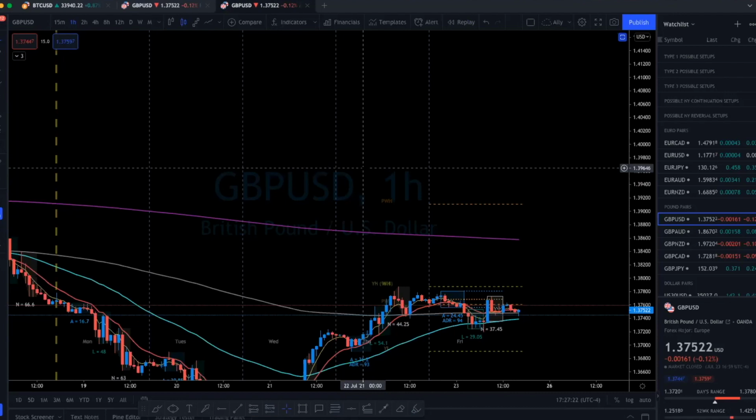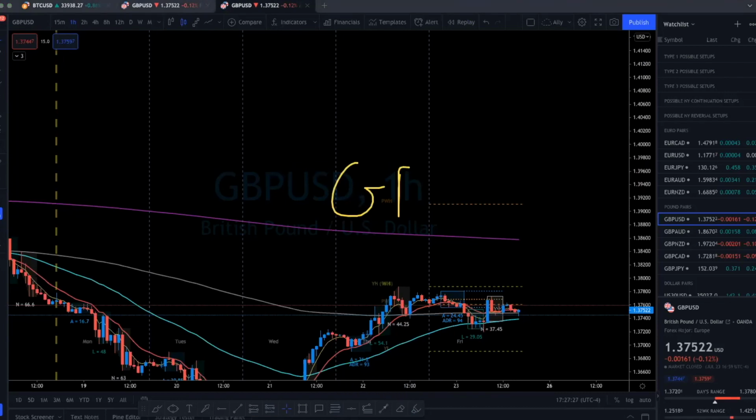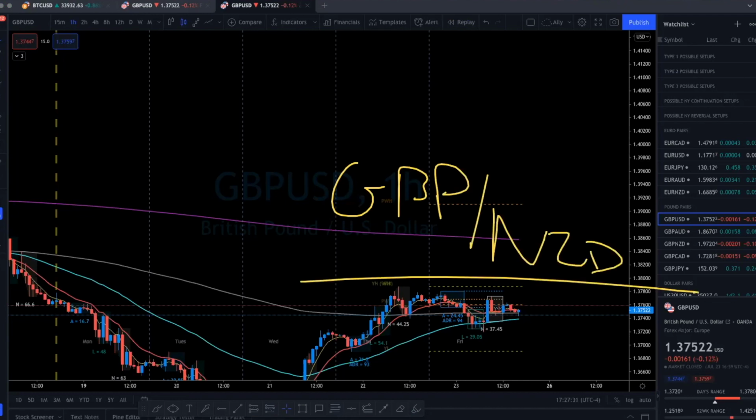and let's say your pair that you're trading is pound NZD, right? But you're trading type 1s. That's the setup that you feel the strongest in. What you might want to notice is that pound NZD does not produce a lot of type 1s.